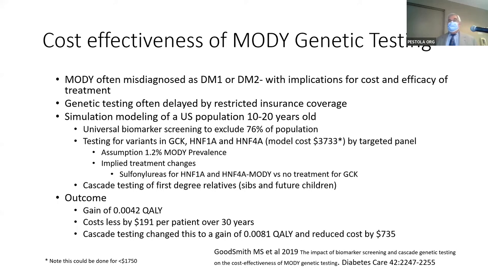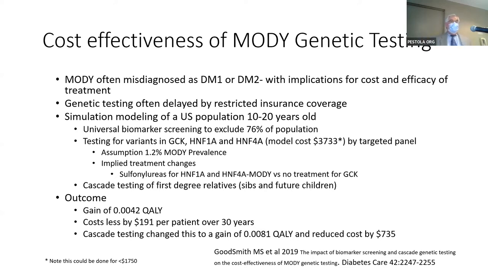They made some reasonable assumptions. 1.2% of the individuals with diabetes having MODY fits with what we heard over the day, and then they did cascade testing predictions for family. What they gave, 0.0042 quality-adjusted life years. Quality-adjusted life year is a good health statistic for how much better off are you for how much longer.